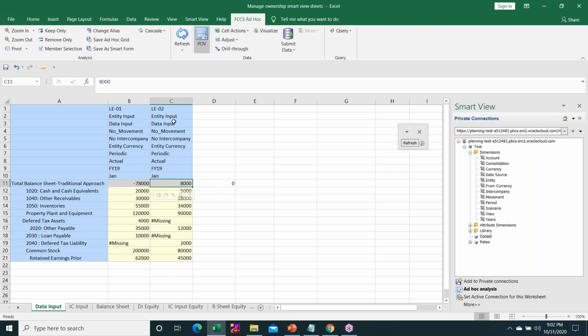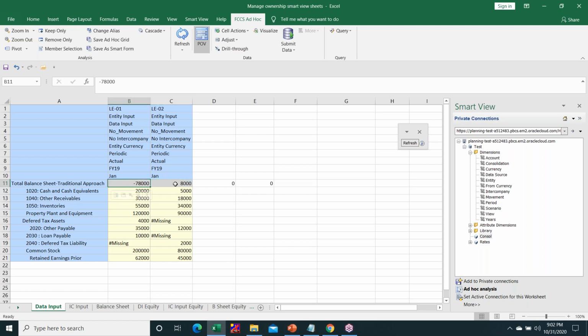In the similar manner for legal entity 02 it is 8,000. So whenever your assets and liabilities do not match, you will find the difference on the total balance sheet traditional approach. So you are finding the difference of 78,000 and 8,000. Why is this difference coming?